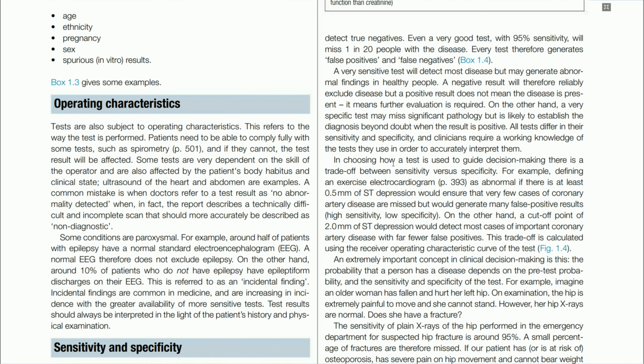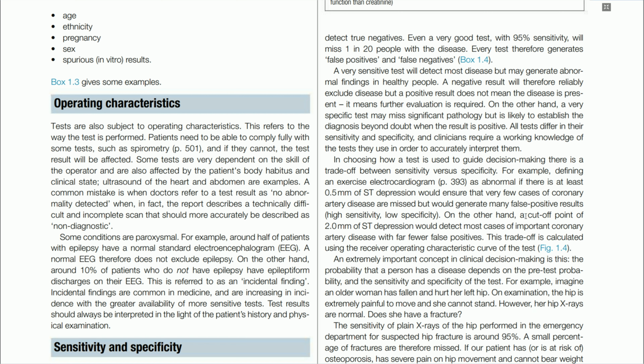In choosing how a test is used to guide decision making, there is a trade-off between sensitivity and specificity. For example, defining an exercise electrocardiogram as abnormal if there is at least 0.5 millimeter of ST depression would ensure that very few cases of coronary artery disease are missed, but would generate many false positive results: high sensitivity, low specificity.